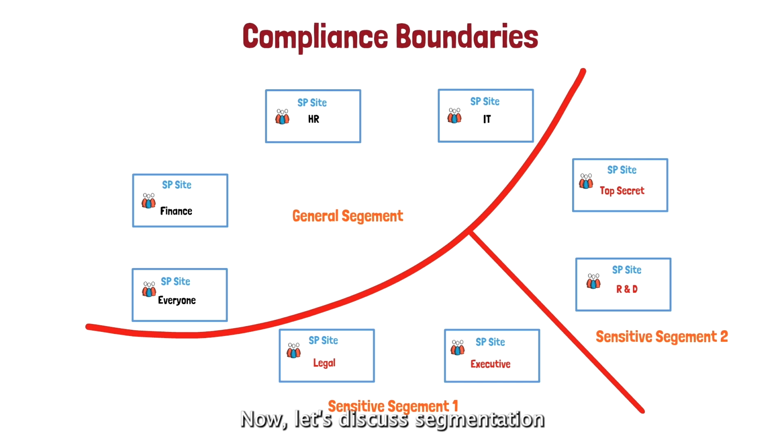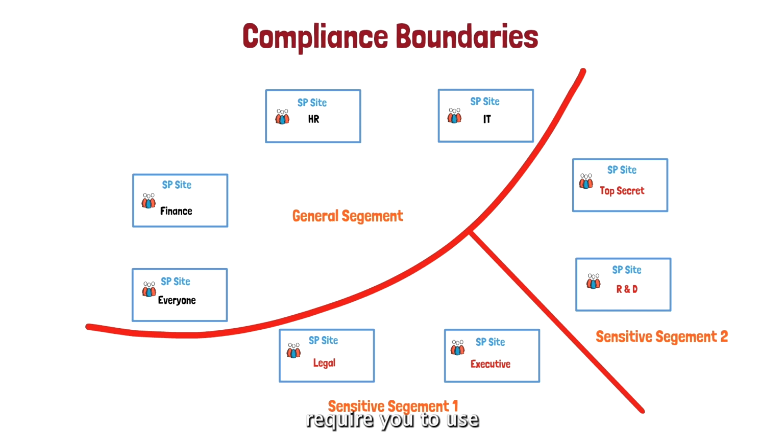Now, let's discuss segmentation strategy for compliance boundaries. In some organizations, smaller departments or business units would share information and may not have the resources to train dedicated eDiscovery managers. In these cases, creating a logical segment for each business unit is unnecessary and not feasible. Only the most sensitive departments need their own segments to ensure data protection.